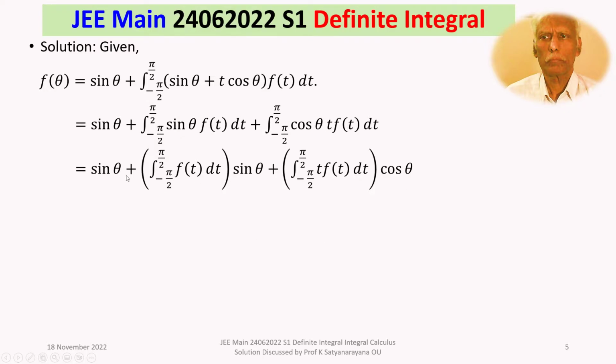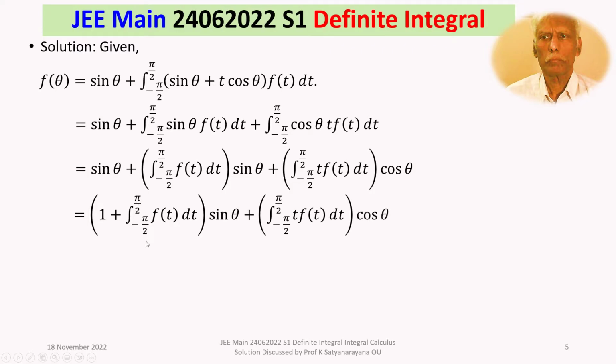And now sine theta is here, sine theta is here, you can take sine theta common, and that will be equal to in brackets 1 plus integral minus pi by 2 to plus pi by 2 f of t dt, sine theta comes out as a constant, plus integral minus pi by 2 to plus pi by 2 t f of t dt with respect to t multiplied by cos theta.